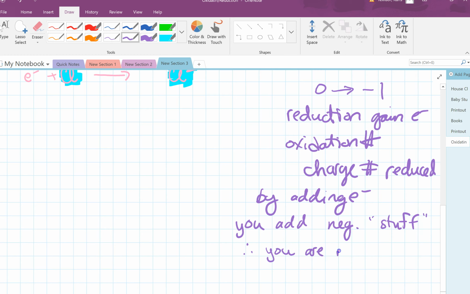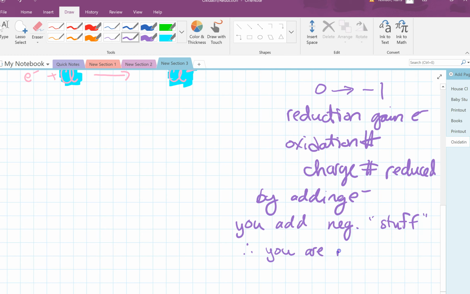This is one where you've got to see the chemistry a little bit. There's all sorts of the cutesy things, I'm sure. You know, you've got the oil rig. Oxidation is lost. Reduction is gained.